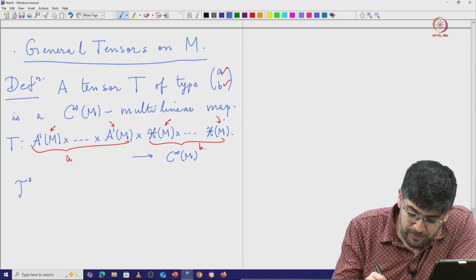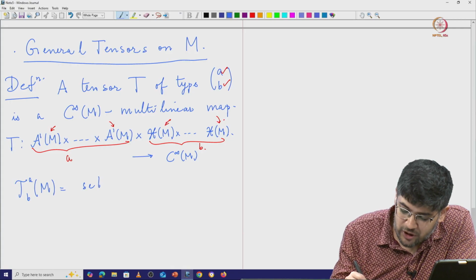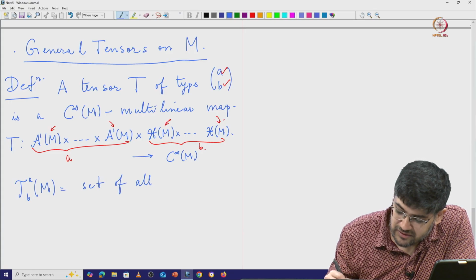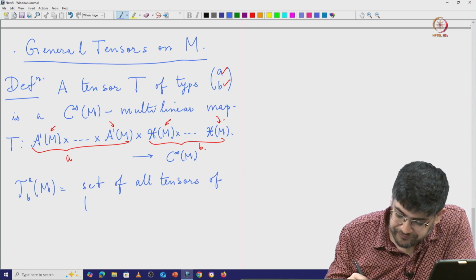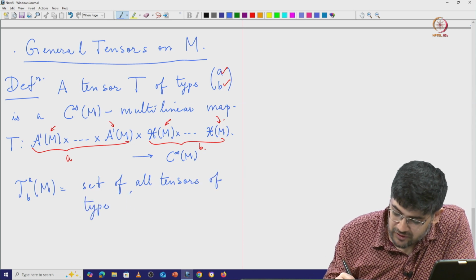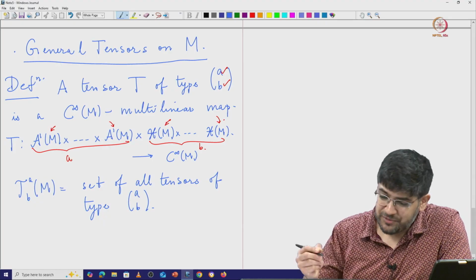So then we denote by T upper A lower B the set of all tensors of type (A, B). There are some special cases.